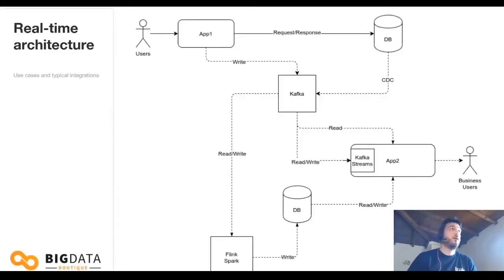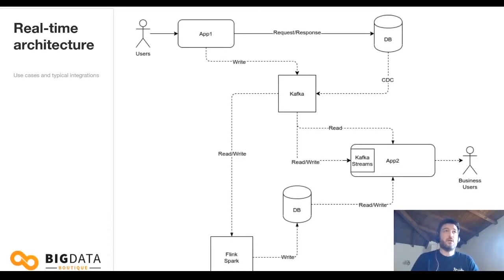So let's start with the typical architecture we can find in any real-time service. Basically, we have users using an application, and that application is storing or reading information from a database.